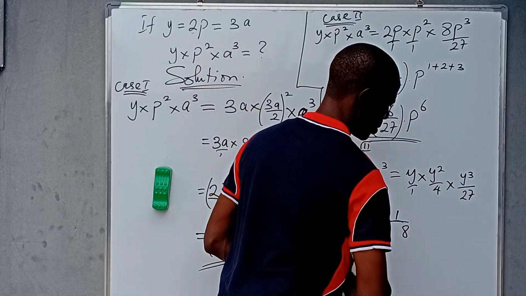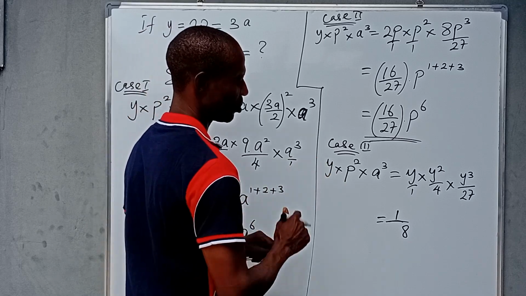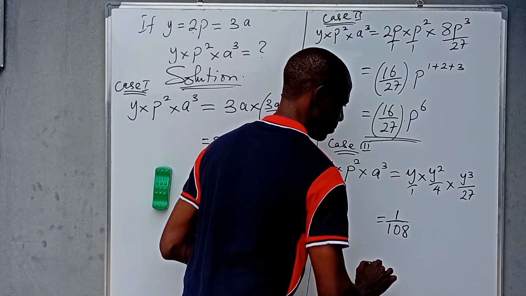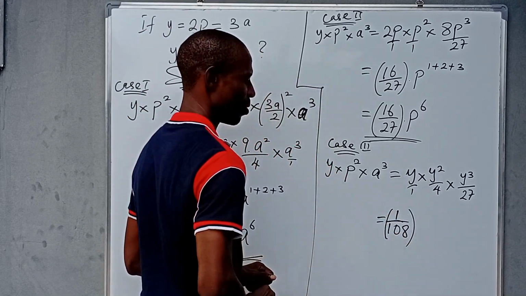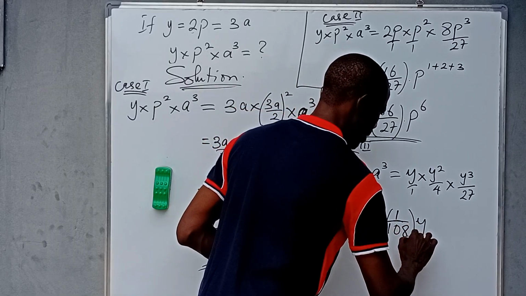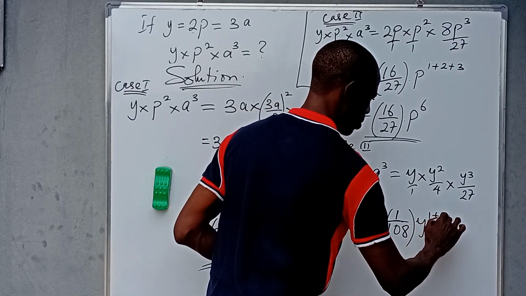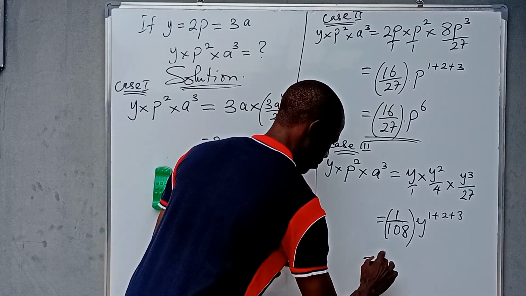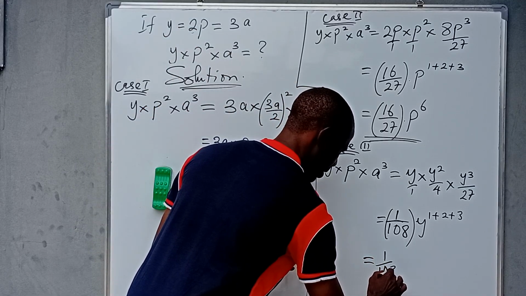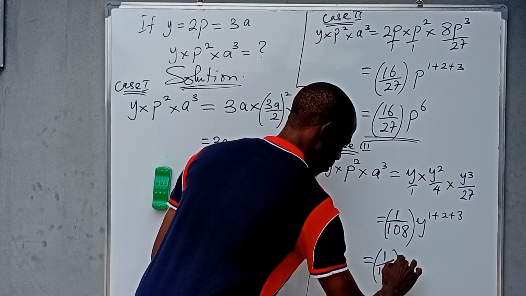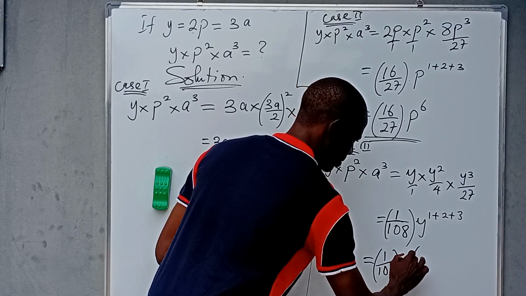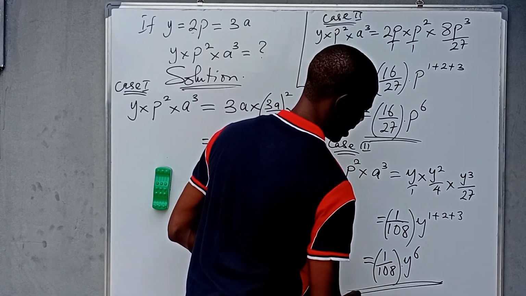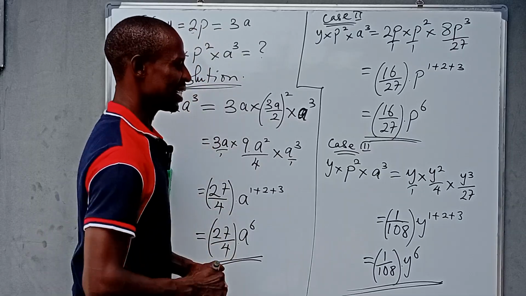Then 4 times 2 will give us 8, plus the 2 we carry will give us 10. So we have 1 all over 108 times y, raised to 1 plus 2 plus 3, which are the powers. And so at the end, you're going to have 1 all over 108 times y, all raised to the power of 6. This is the answer to the third case scenario.